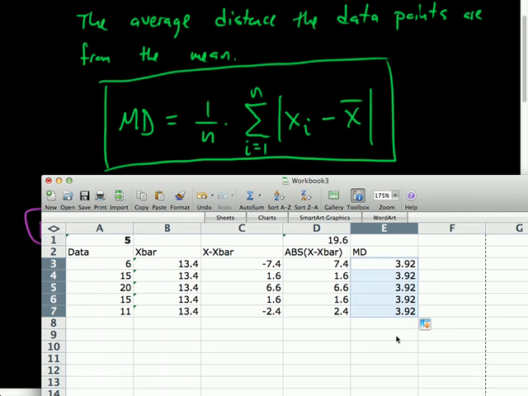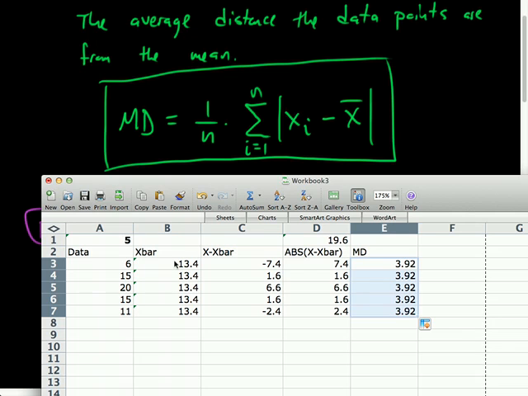So what does 3.92 represent? That's saying that the average distance from the mean is 3.92. So if my mean deviation was really small, if I had a data set that still had an average of 13.4, but my mean deviation was like 0.5, I would interpret that as saying my data is super close to that mean.